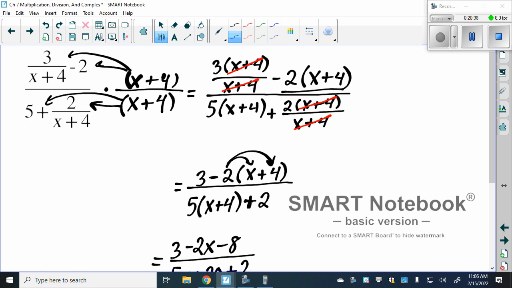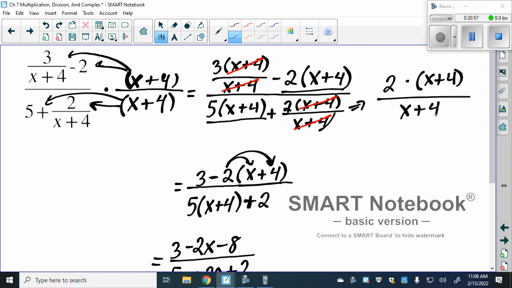Here and here? Here? So here, really what we're looking at is 2 times x plus 4, and they're both being divided by x plus 4, yes?